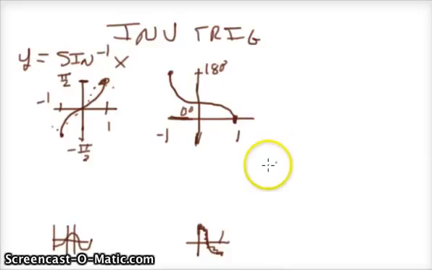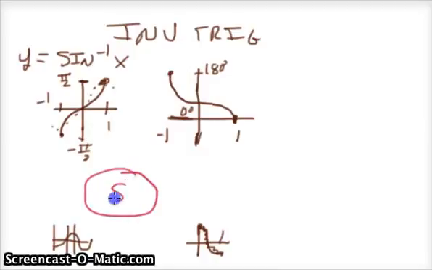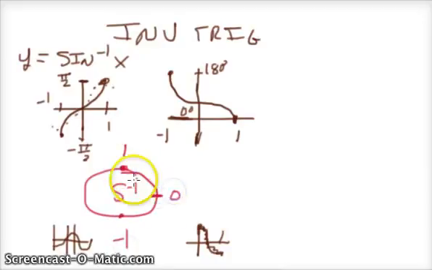All right, let's see. So be mindful that when you're talking about the domain of inverse sine, watch, the domain of inverse sine, it only goes from the value of 1 to the value of -1, and you only use the angles in quadrant 1 and quadrant 4.